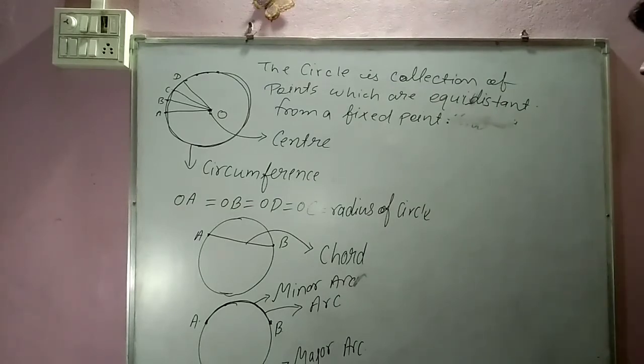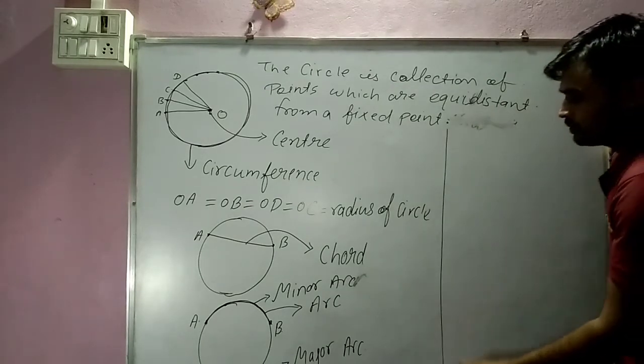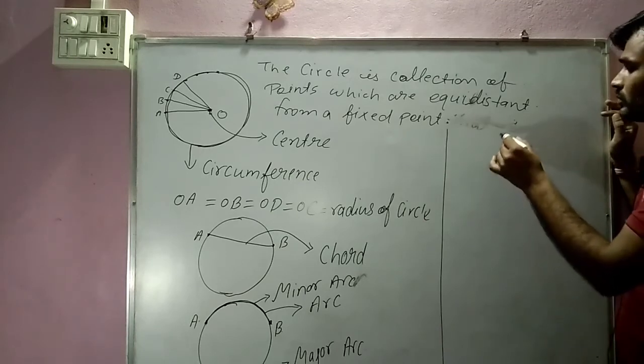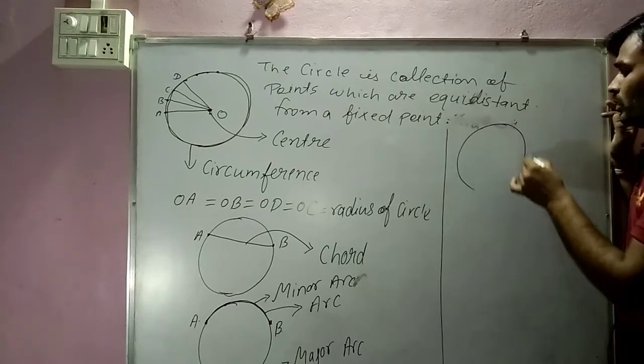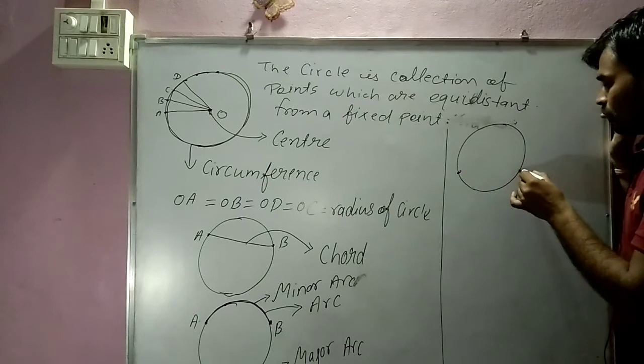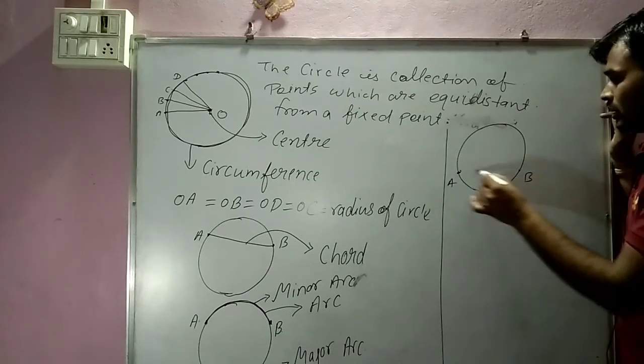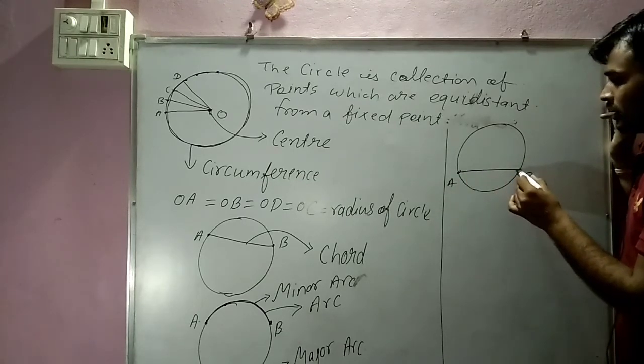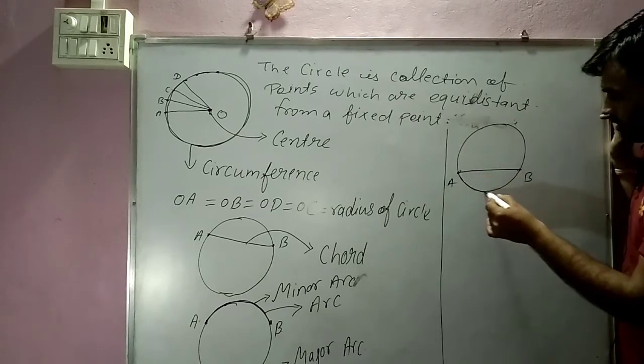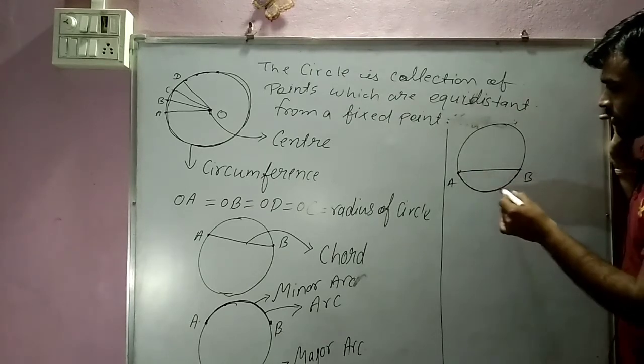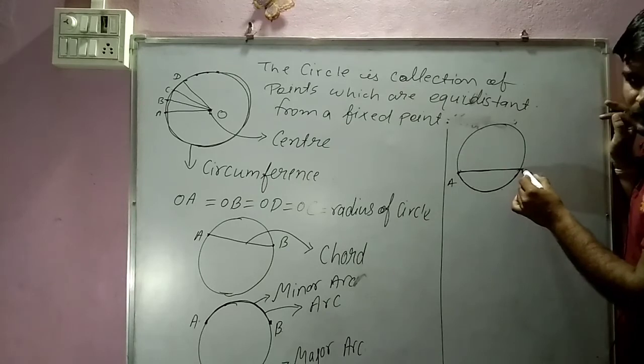Now after these terms, when we plot 2 points A and B, then join them, we see the region between this minor arc and this chord AB.